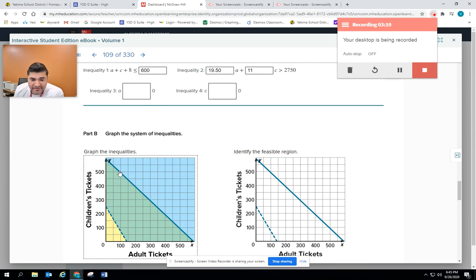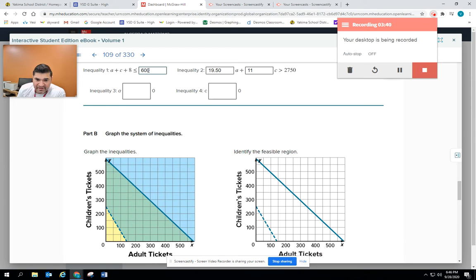Okay, down here they graphed this first inequality, A plus C plus 8 is less than or equal to 600. And that is this line right here. If you have 592 adults and no children plus the 8 crew members, that would be 600 as well.